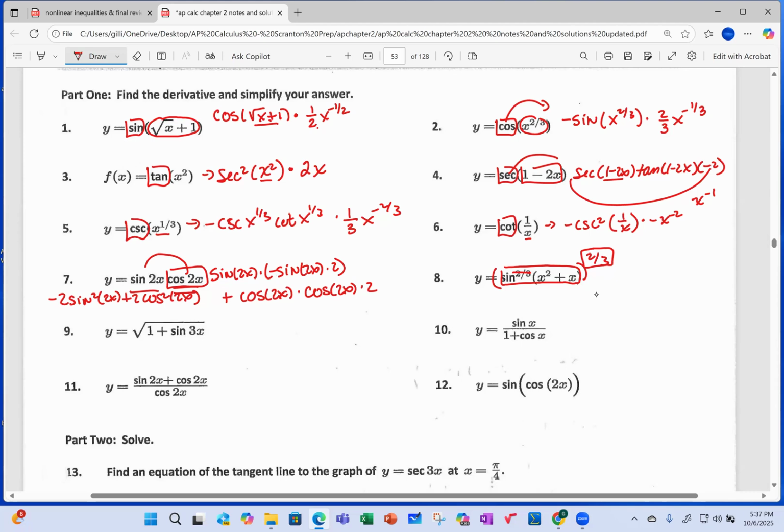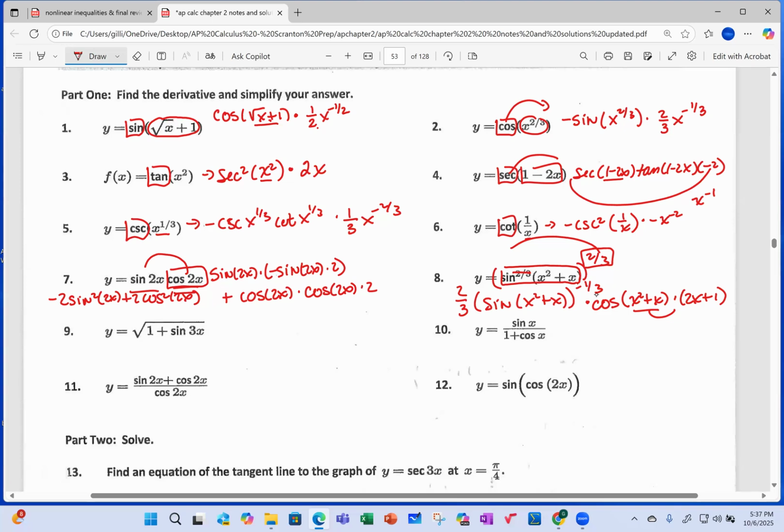How do you differentiate a power? You drop down the power, repeat the inside, decrease the power by 1, and times it by the derivative of the inside. The derivative of the inside would be cosine, repeat the inside, x squared plus x, times the derivative of the inside, which is 2x plus 1.